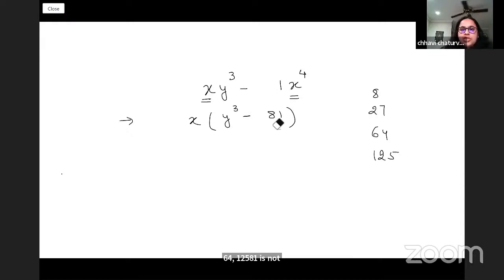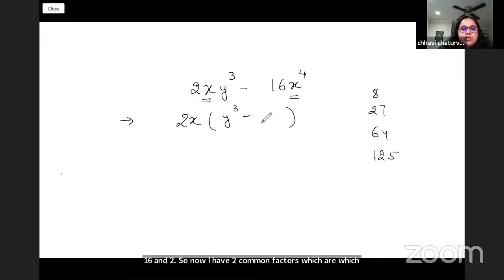So maybe we need to change the question. Let's make it 16 and 2. So now I have two common factors, which is 2 and x, and that would leave me with y cubed and 8x cubed.